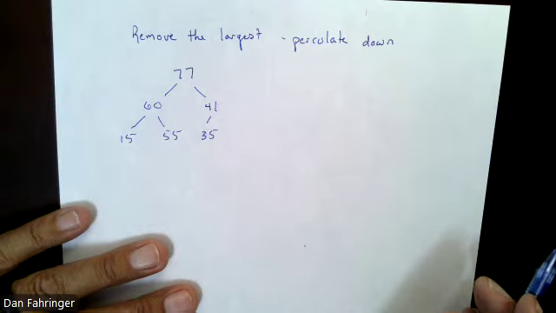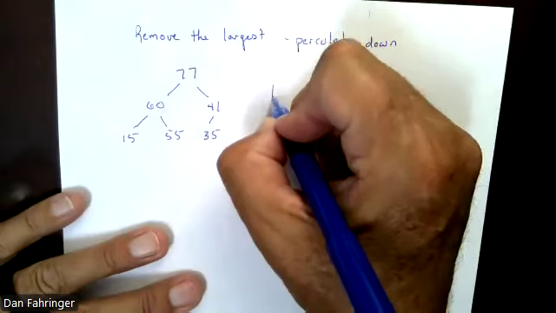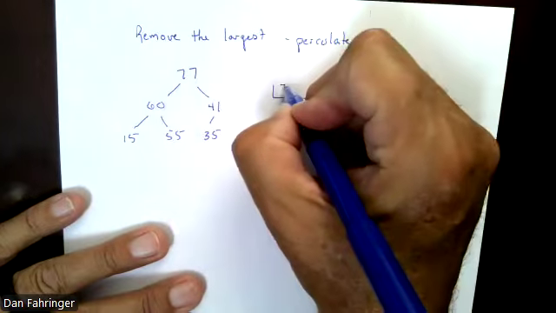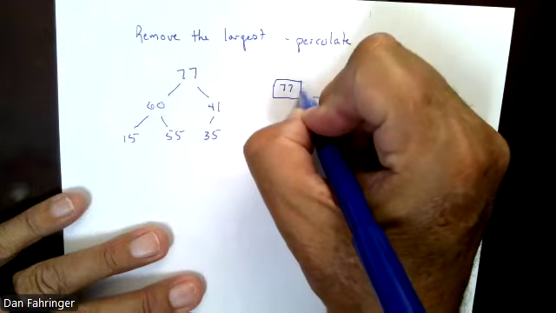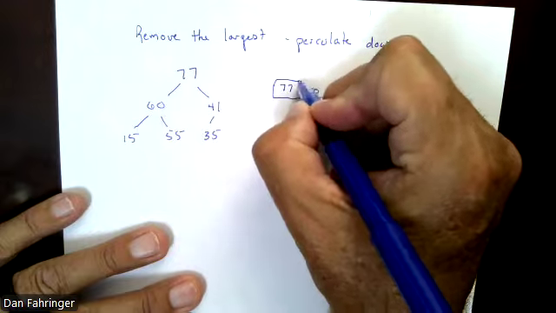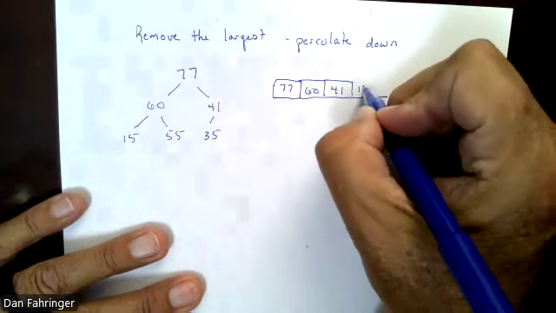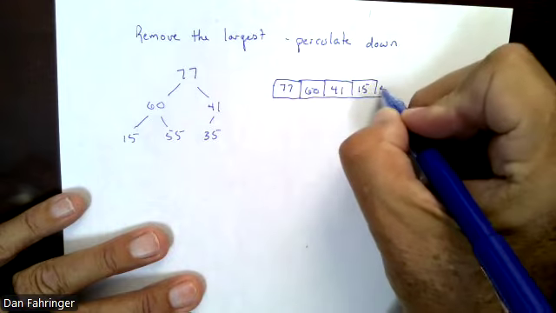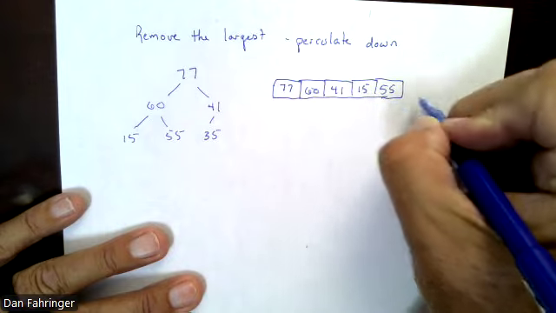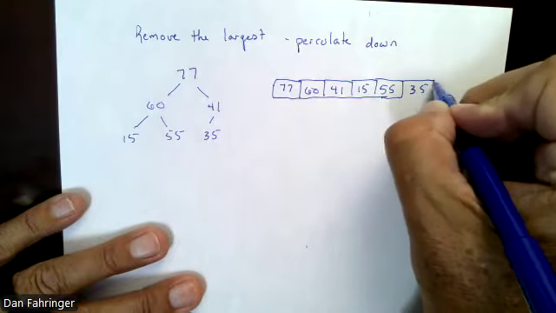Every parent is greater than a child. If I looked at the array version, 77, 60, 41, 15, 55, and 35.